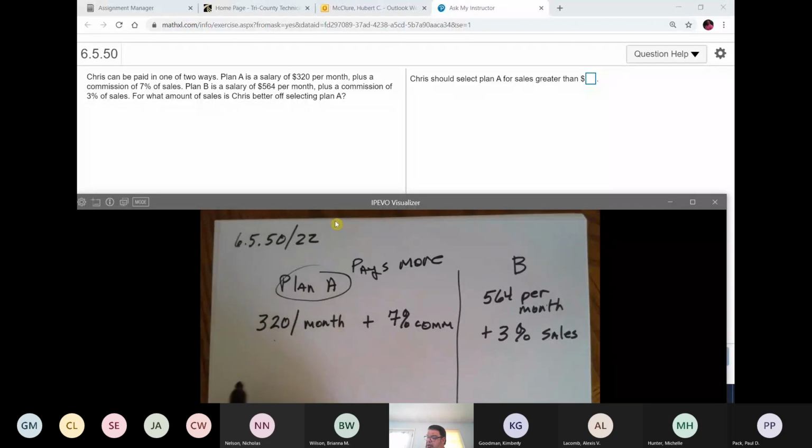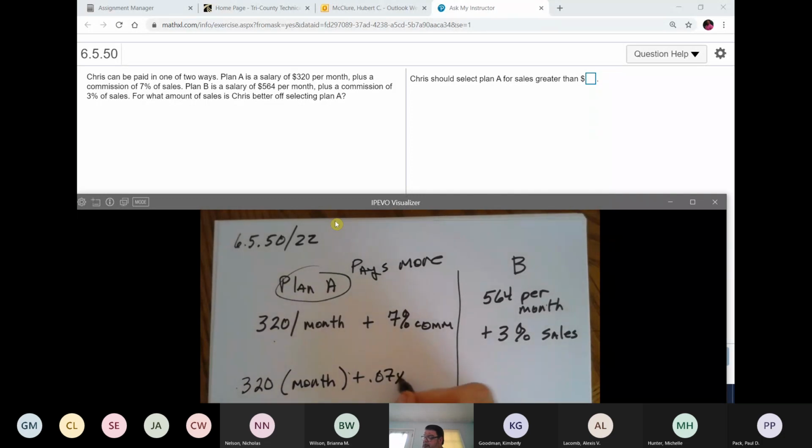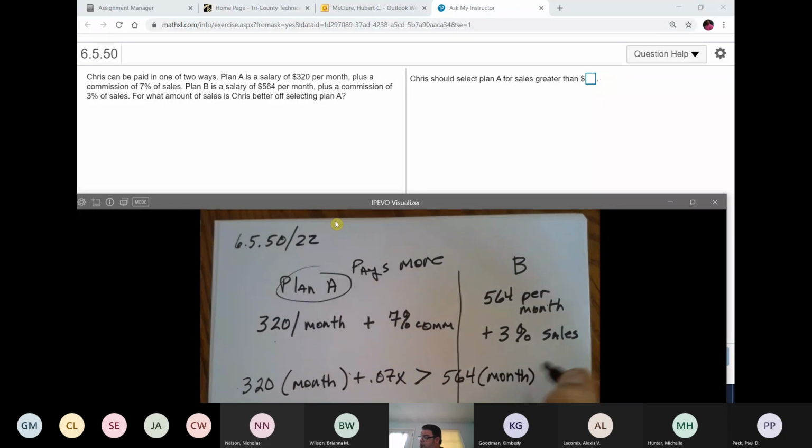So that's going to be $320 per month plus 0.07x is greater than 564 per month, plus 0.03x.